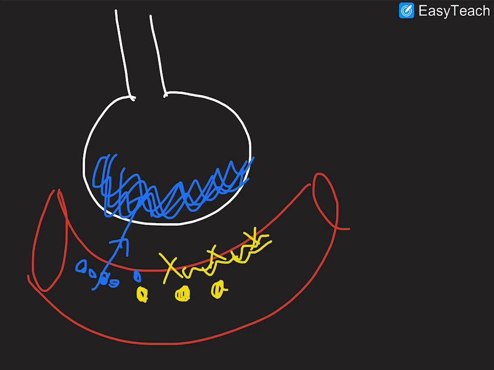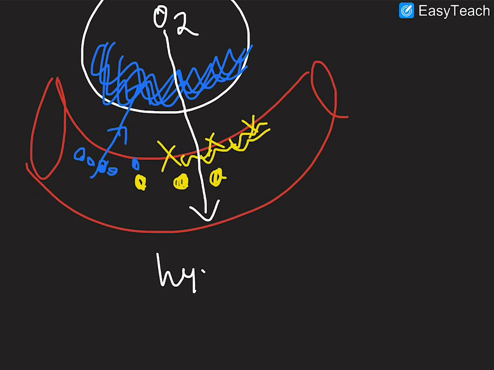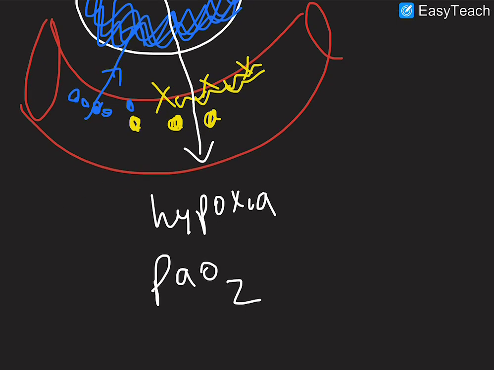So you can become hypoxic, because imagine oxygen in your alveoli trying to get across this thick membrane. It's going to have a much harder time diffusing from your alveoli into your blood. So that's why you can see hypoxia, and you can see your PaO2 decreased. If you did an arterial blood gas, you'd see a low PaO2.